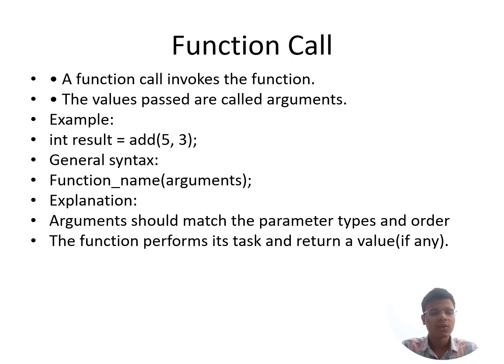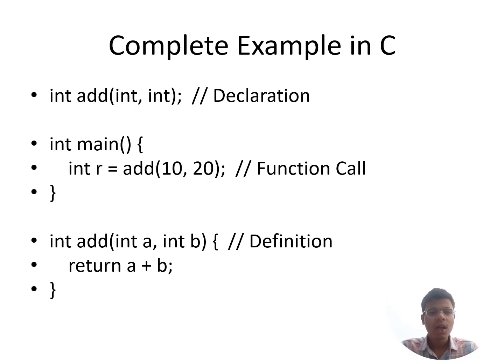And finally, conclusion. Functions play a vital role in breaking down a complex program into smaller manageable units. A function declaration, or prototype, informs the compiler about the function's name, return type, and parameters before it is used, ensuring proper type checking and avoiding errors.